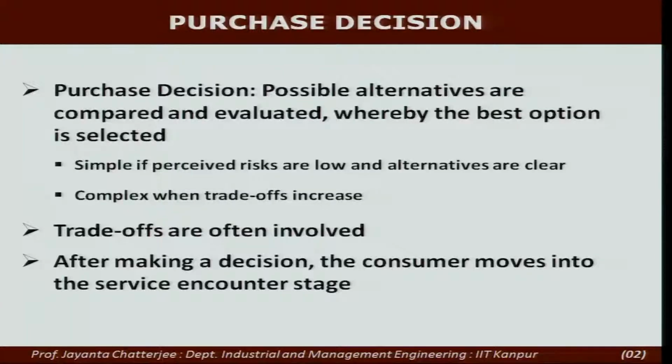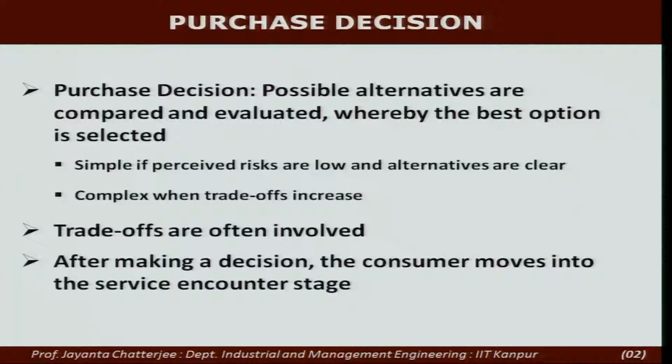It is easier to compare the alternatives where search attribute dominates. Experience is a little bit more difficult, and credence attribute heavy services are more difficult to evaluate. And this easy to difficult is also based on risk perception.